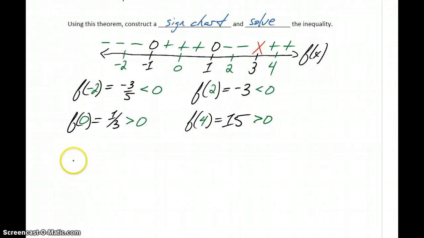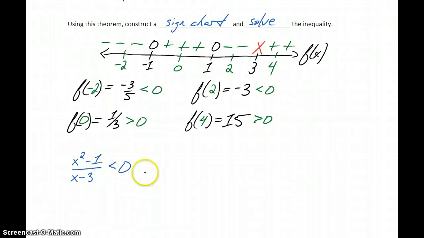The original problem was asking us to find when x squared minus 1 over x minus 3 is less than 0. So when is it negative? We have this interval from negative infinity to negative 1, and another interval from 1 to 3.